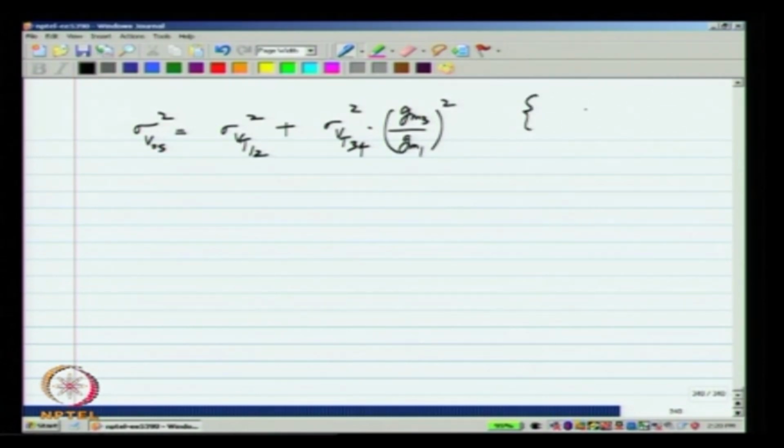Okay. Again I have neglected the contributions from R. The mismatch in RCM will contribute to the overall offset, but because the value of RCM is so large, that can be neglected. Okay.